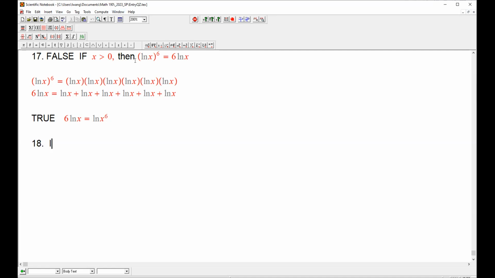Okay. If x is larger than 0, this is number 18, and a is larger than 1, then ln x divided by ln a is equal to ln x over a.